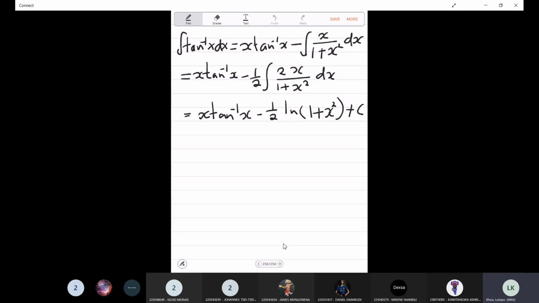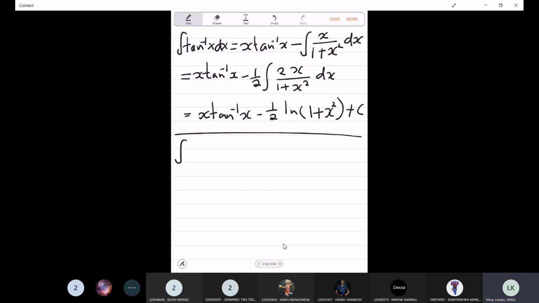Let's look at, where's that example? Okay, so this is one that we did already.